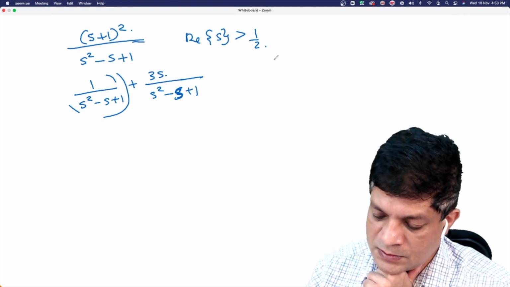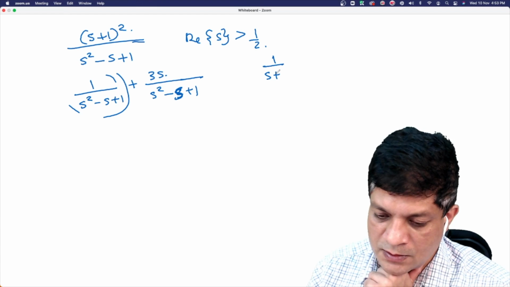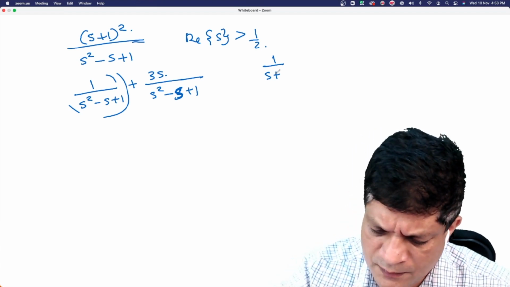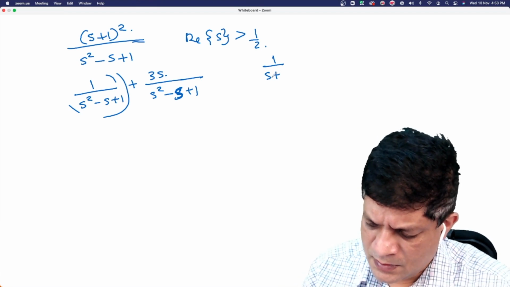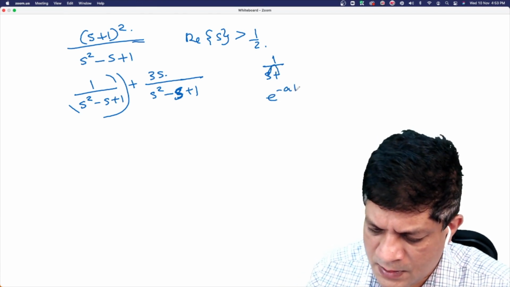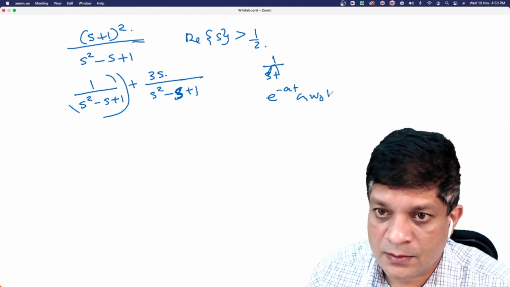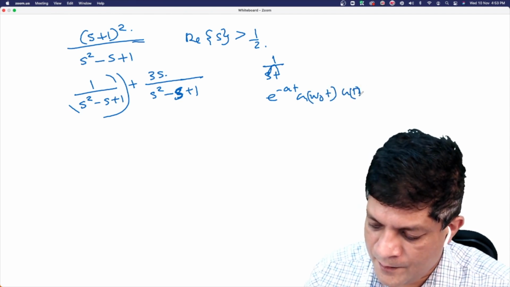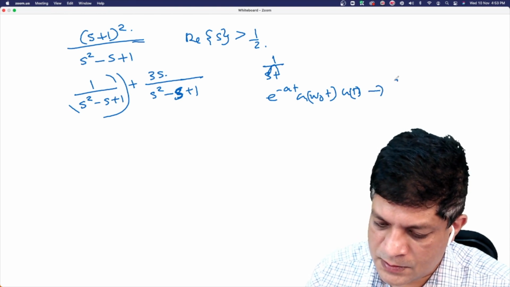If you look at the formula sheet, there is a result e to the power minus at cos omega naught t u(t), that is s plus a divided by (s plus a) square plus omega naught square.